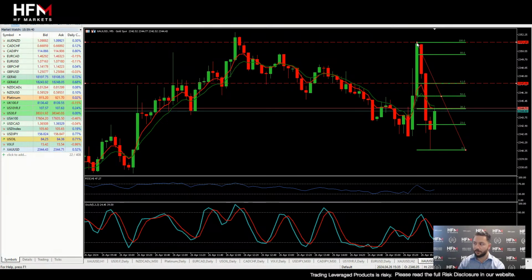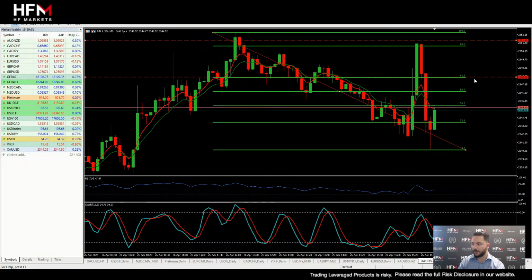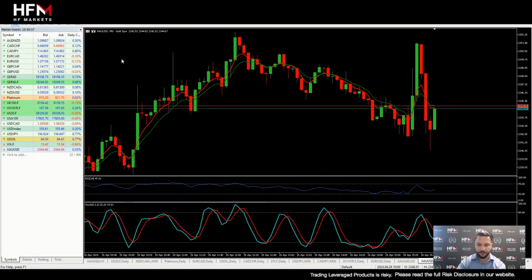So this is scenario number one. Scenario number two, though, is we look at the larger retracement, in which case the price is here, in which case it takes our buy entry slightly further away. So for example, here. So this is something that you can also take into consideration as well.